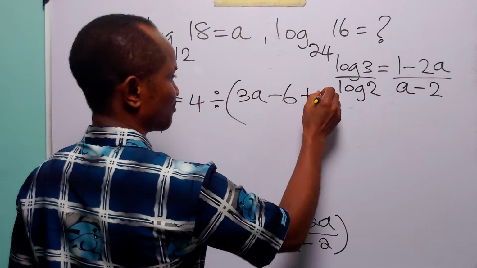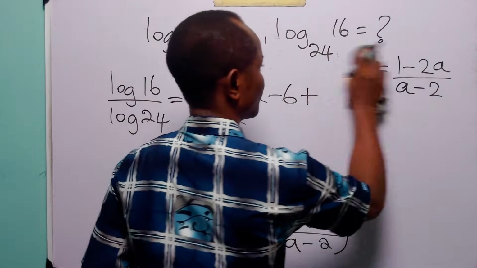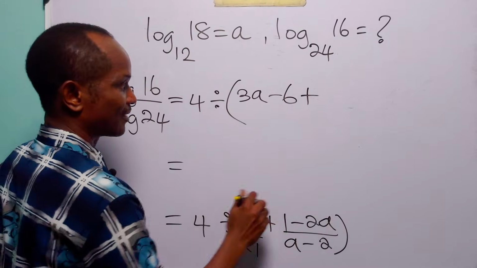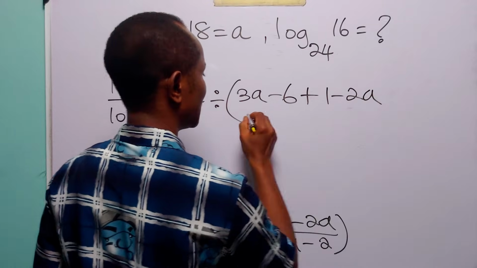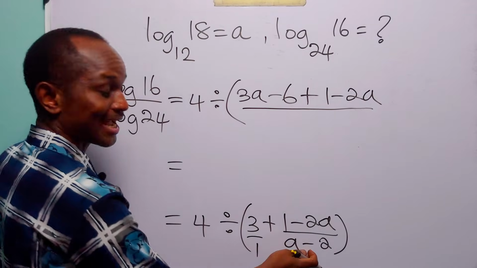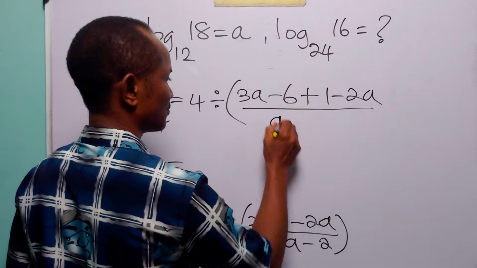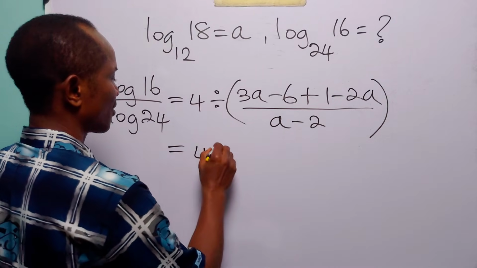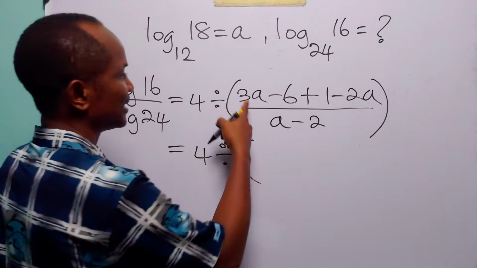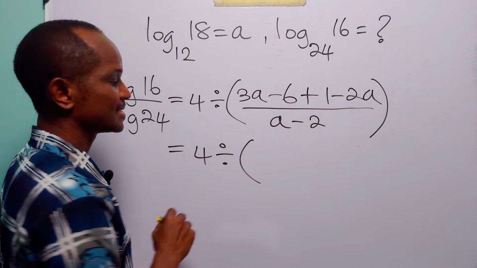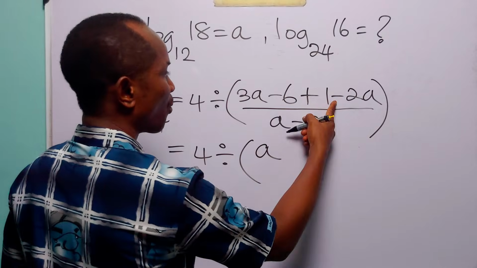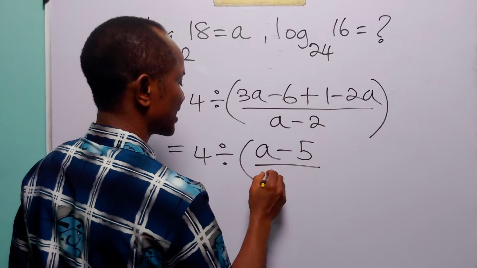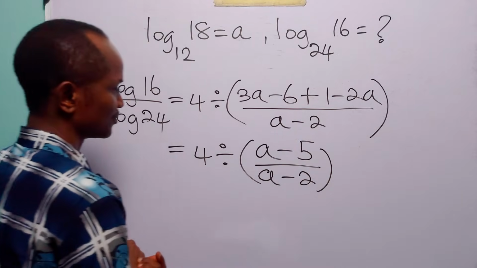And then we have plus 1 minus 2a, divided by 1 times a minus 2, which is a minus 2. Now this is 4 divided by 3a minus 2a, which is equal to a, 1 minus 6 is minus 5. This is divided by a minus 2.